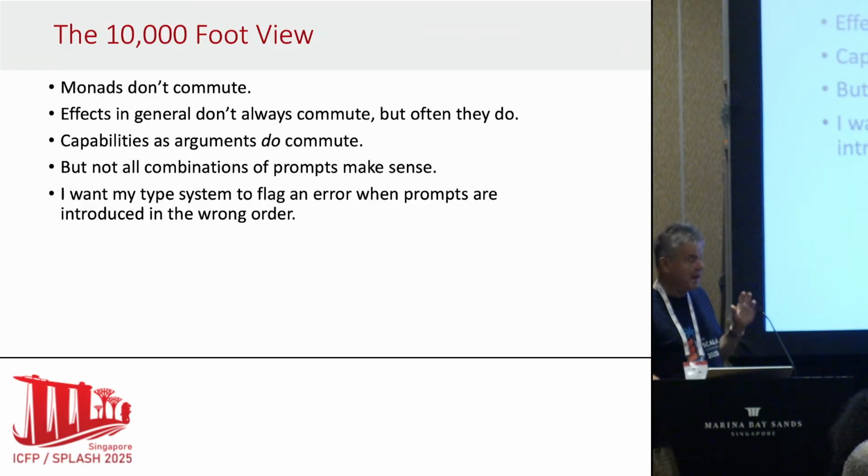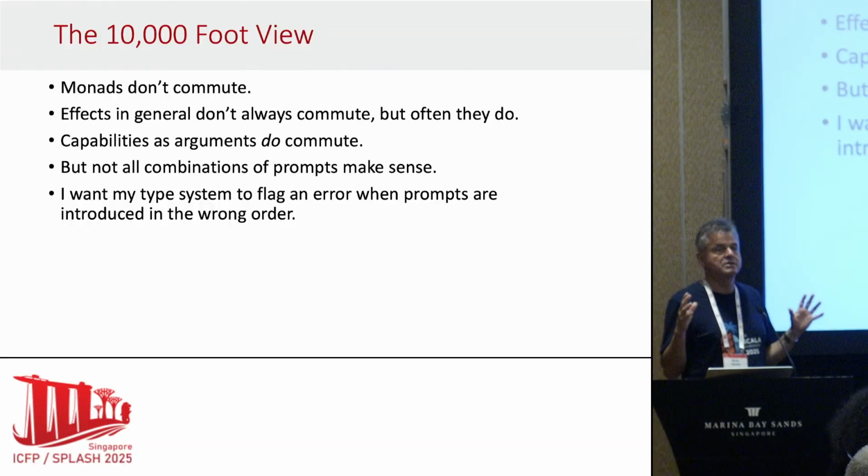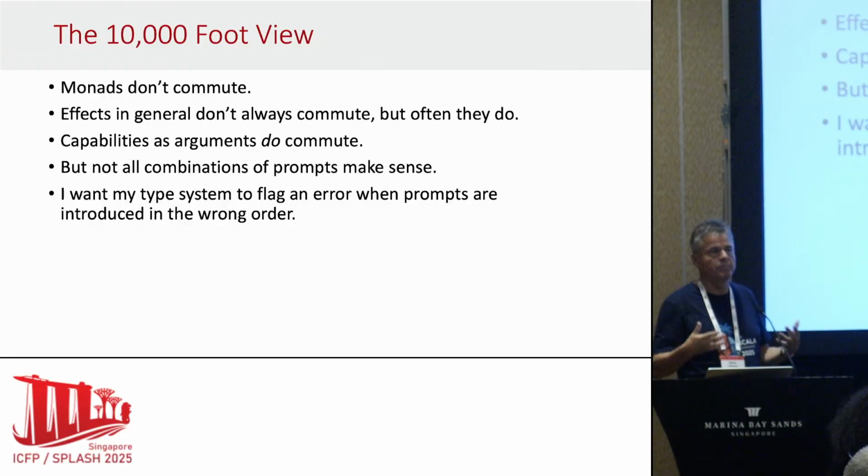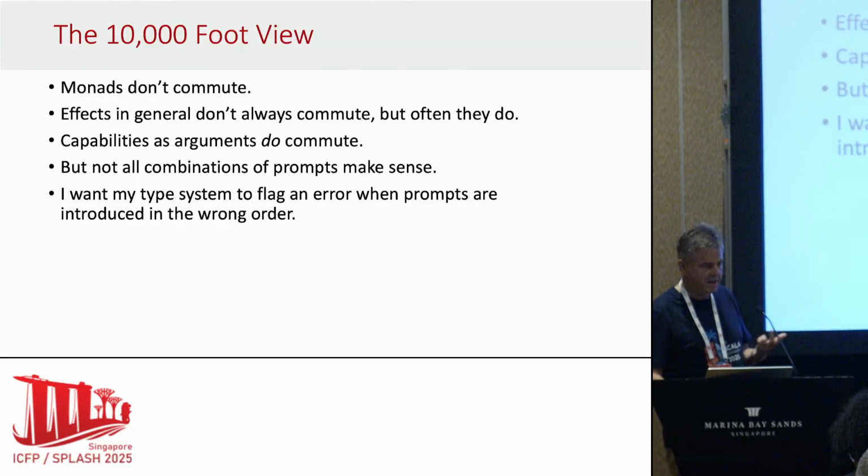So the 10,000-foot view of this situation is monads don't commute, and that makes them very hard, because if you want to compose monads, then you have to go to more complicated stuff like monad transformers. Effects in general don't always commute, but often they do.